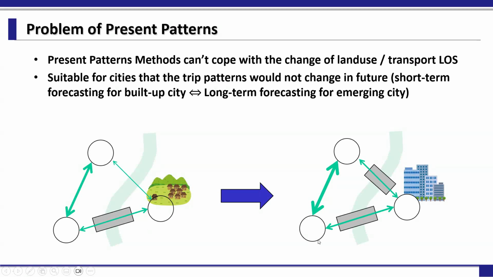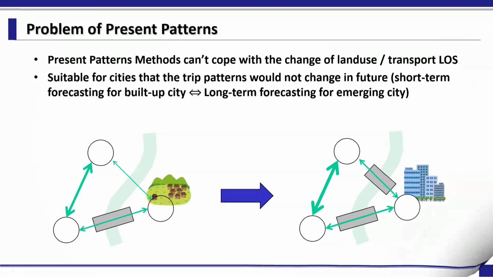If a new bridge is developed between city B and C, many trips must be generated. However, if the present pattern is used, the trips between sections without bridges will increase more, and the trips between this area will not increase much. This doesn't seem realistic when considering the future trip patterns of the cities.